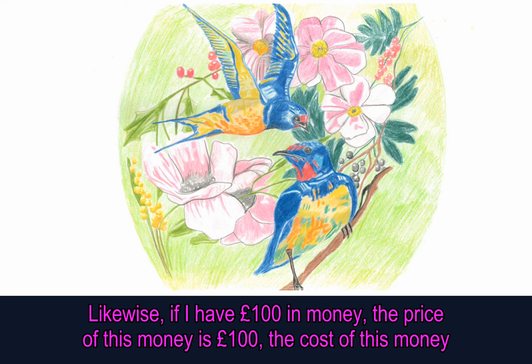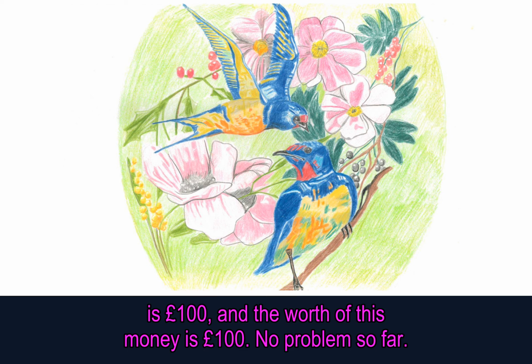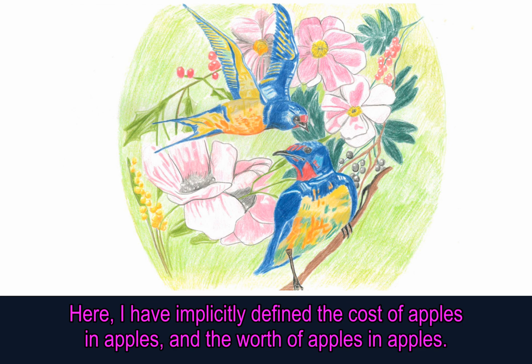Likewise, if I have £100 in money, the price of this money is £100, the cost of this money is £100, and the worth of this money is £100. No problem so far. Here I have implicitly defined the cost of apples in apples and the worth of apples in apples.